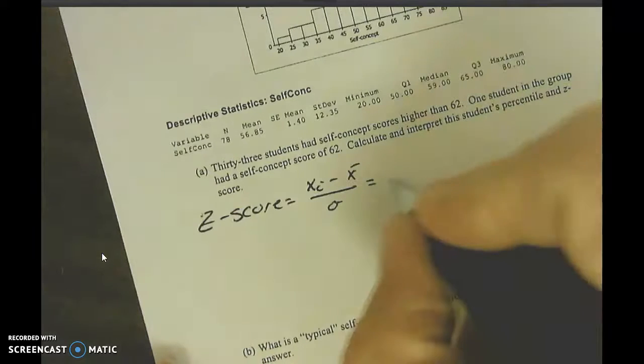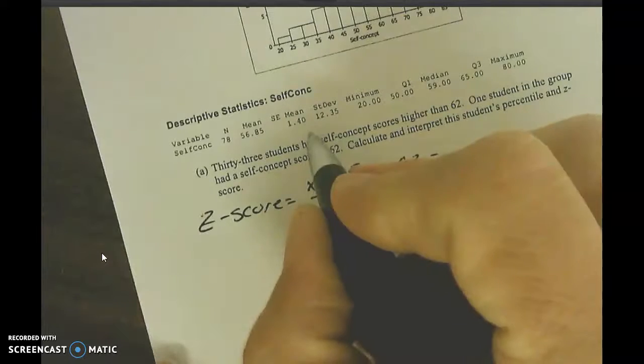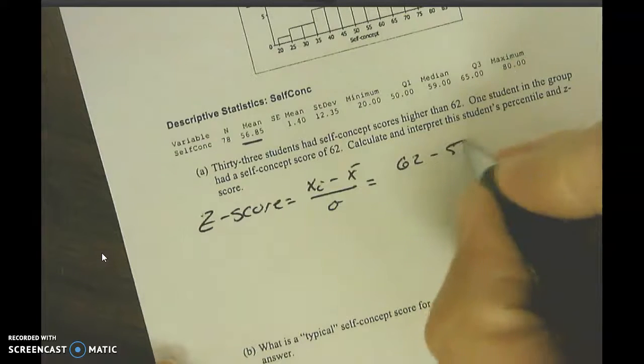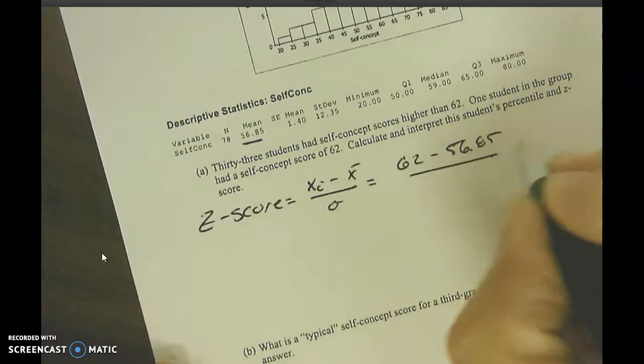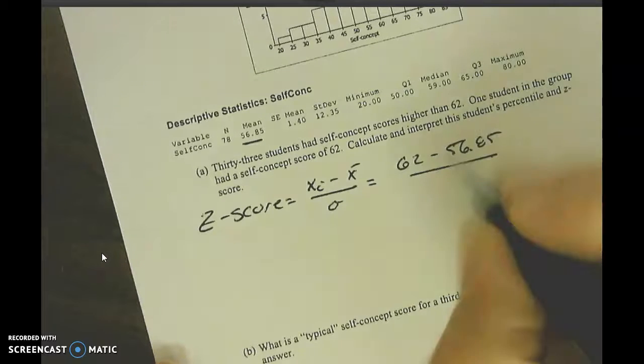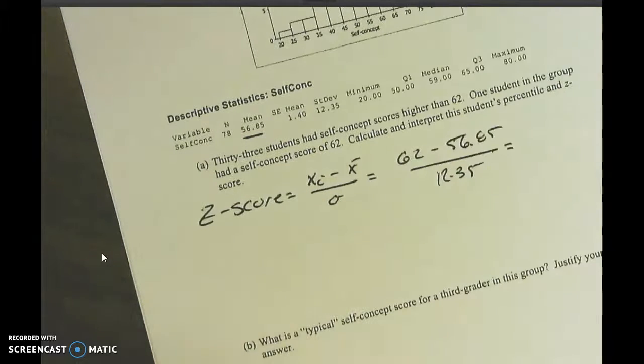Correct. So then we're going to go 62 minus the mean, which is found up in here. So the mean was 56.85, and my standard deviation, 12.35, thank you. So then use your calculator real quick.